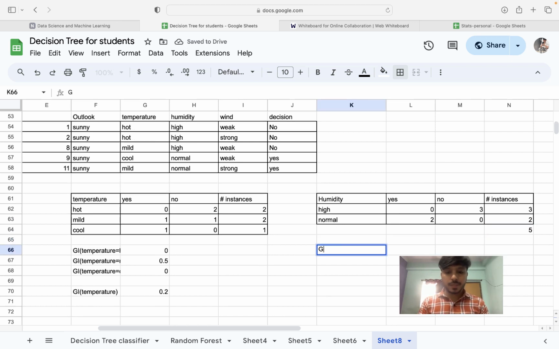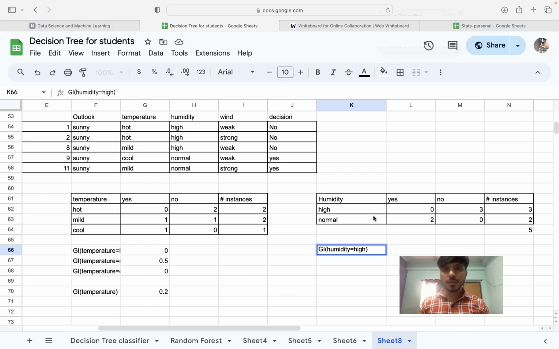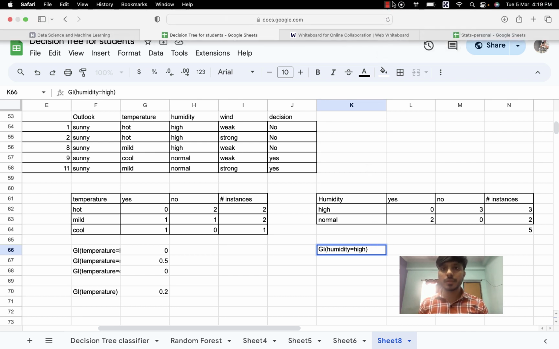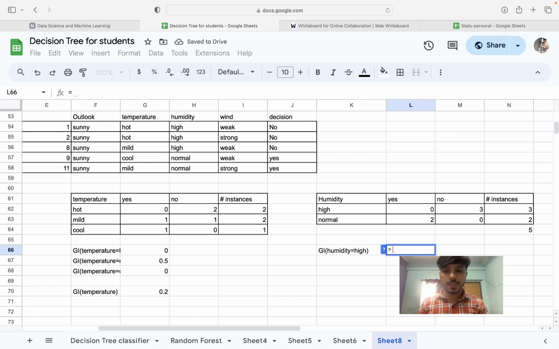So I need to calculate the Gini impurity when humidity is equal to high. Sorry guys, somebody knocked on my door, so I had to go. Okay, so the Gini impurity when humidity is high is 1 minus 0 by 3 is 0, 3 by 3 is 1, so 3 by 3 whole square.